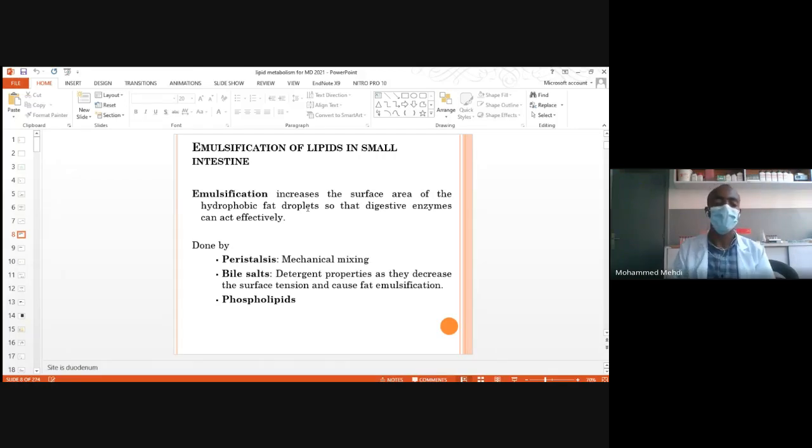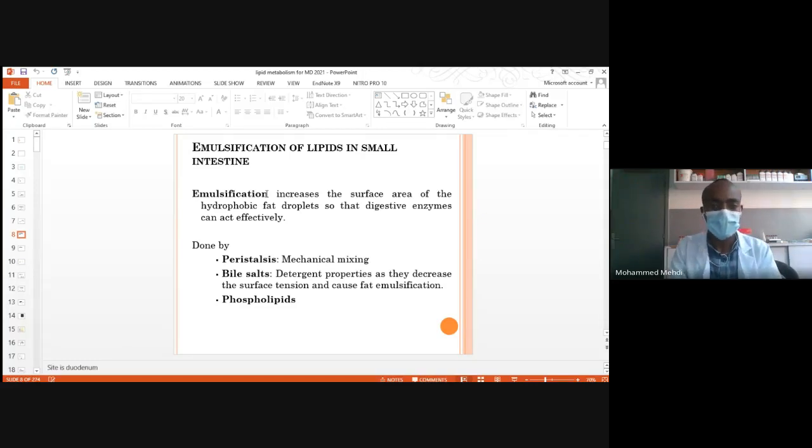As a result, we'll have maximum digestion function from these enzymes. So this emulsification function looks like a detergent. Detergents remove oily dirt, like after you consume a fatty diet, that will be washed off from our plates using detergent.